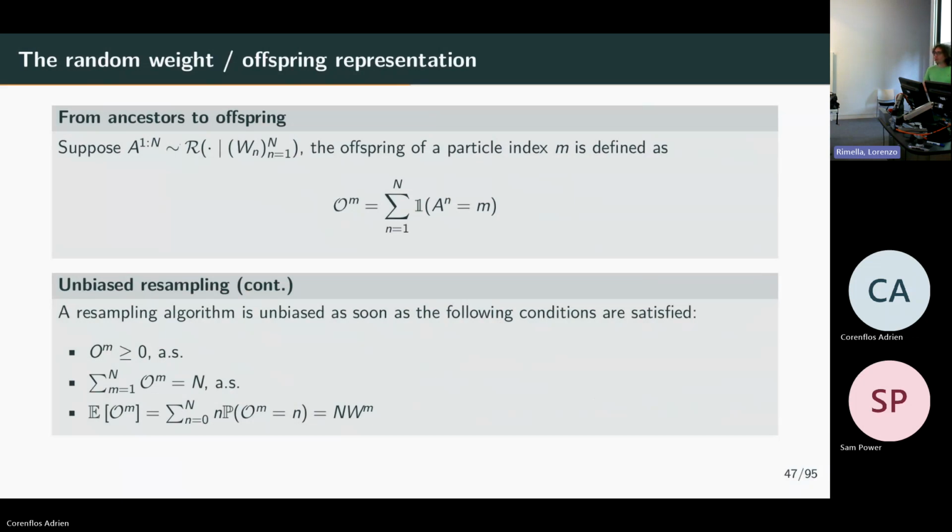The total number of offspring is exactly the number of particles, so populations don't explode or shrink. And then the expected number of offspring you have is proportional to your importance weights. That suffices to have something unbiased.